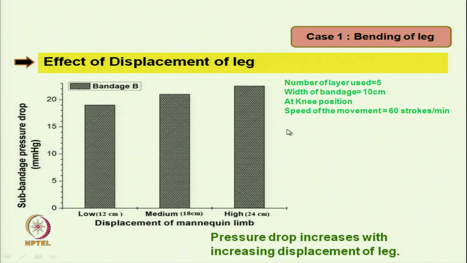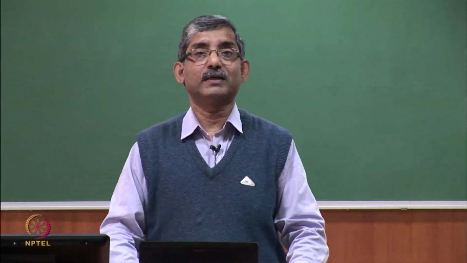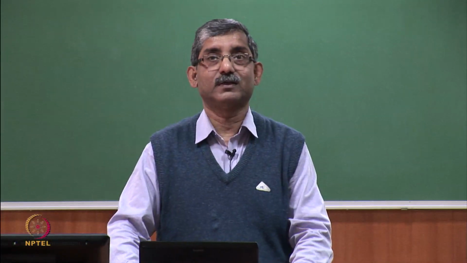So, if we have a higher displacement of the limb, the stretch in the bandage will be high, and that will reflect on pressure drop. There will be higher stretch, higher permanent deformation in the bandage, and effectively the pressure will reduce.